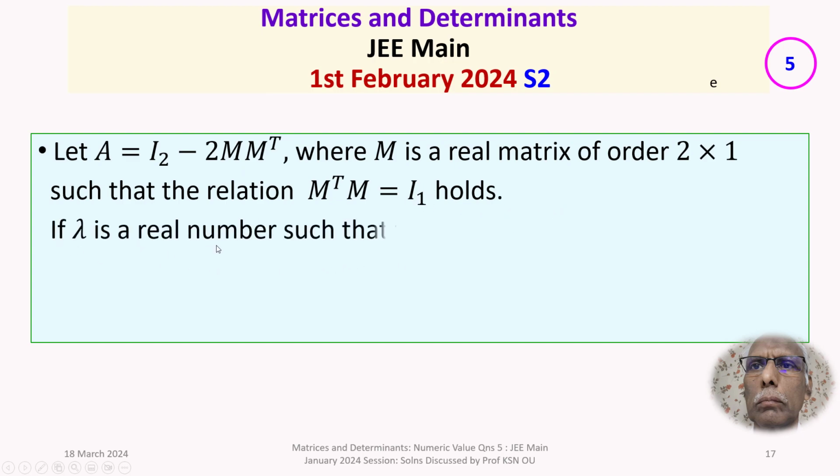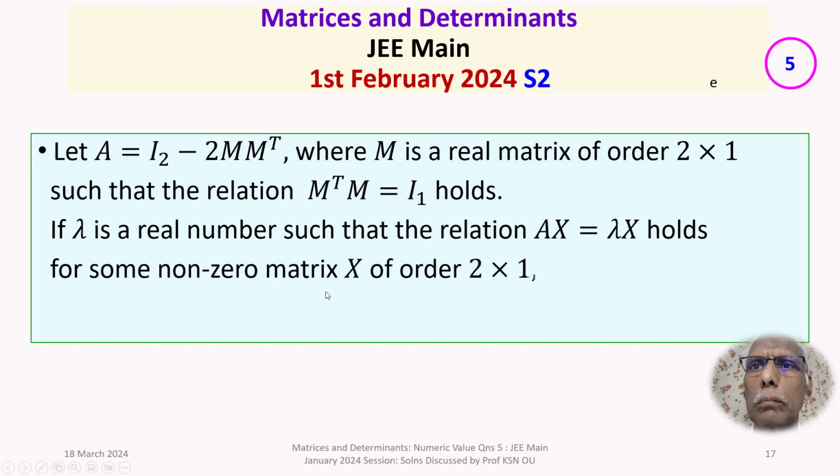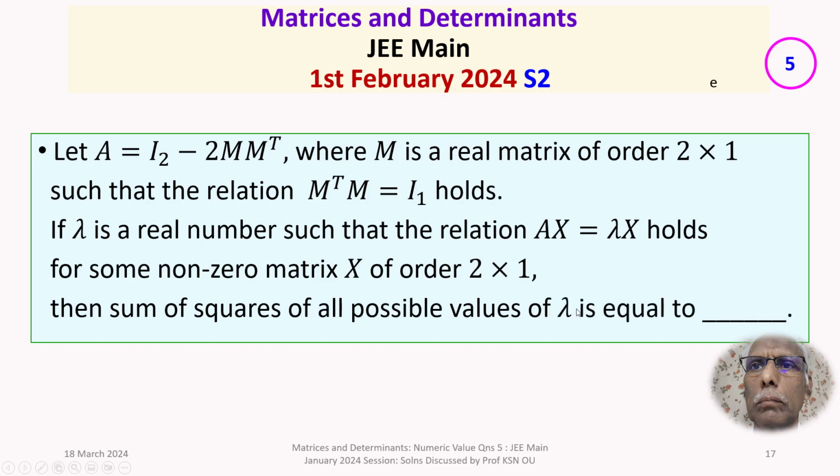Right. If lambda is a real number such that the relation AX is equal to lambda X holds for some non-zero matrix capital X of order 2 by 1, then the sum of the squares of all possible values of lambda is equal to. Right. We are given A is equal to I2 minus 2 M M transpose, where capital M is a real 2 by 1 matrix such that M transpose M is I1.